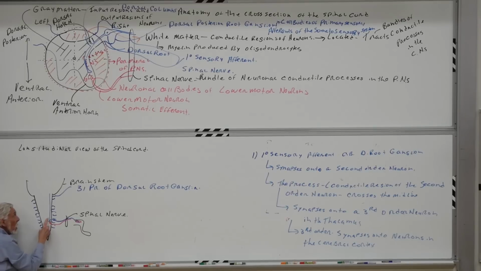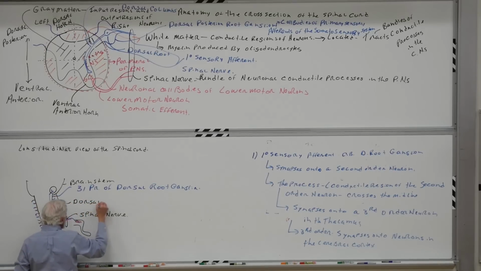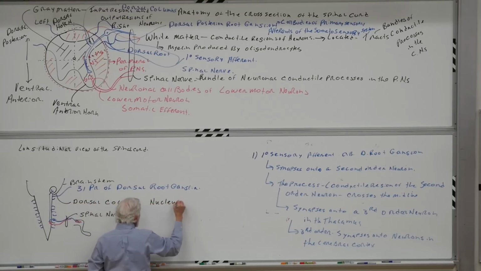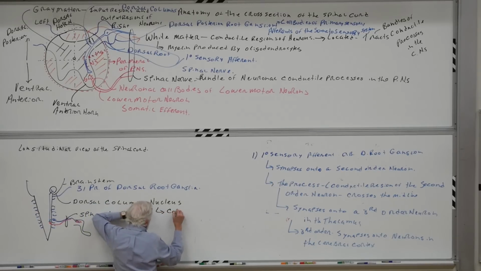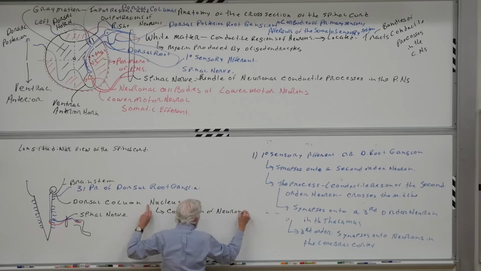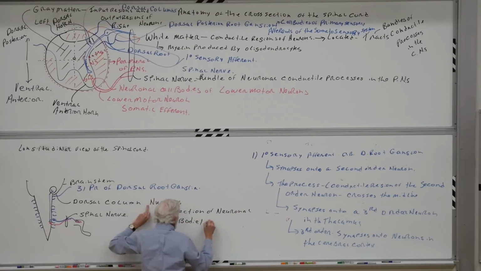And then this process then ascends the cord and comes to this site here in a region in the brainstem known as the dorsal column nucleus. Now, again, this terminology, when we talk about a nucleus, we talk about a collection of neuronal cell bodies.